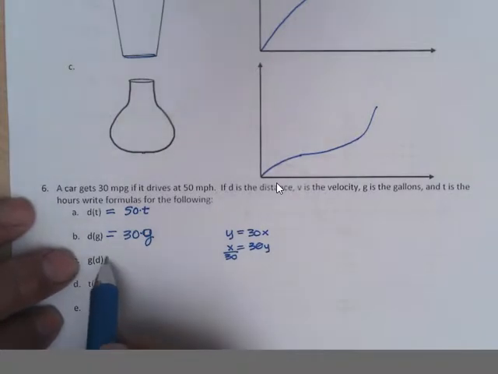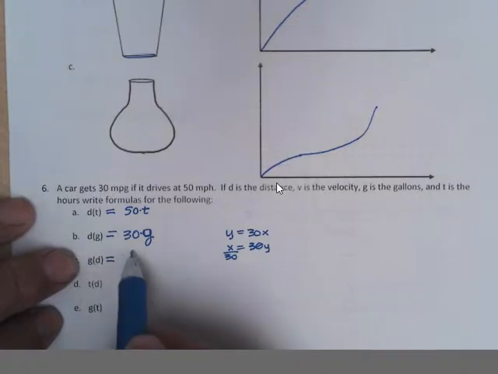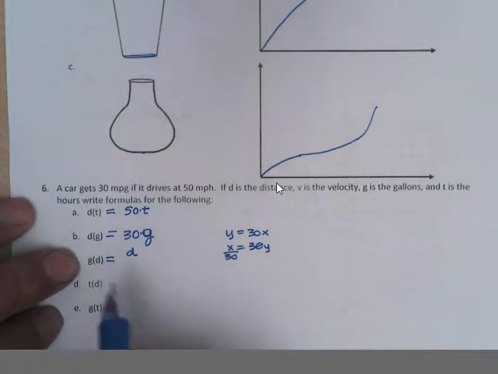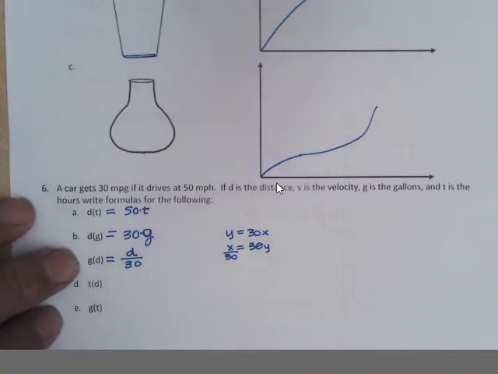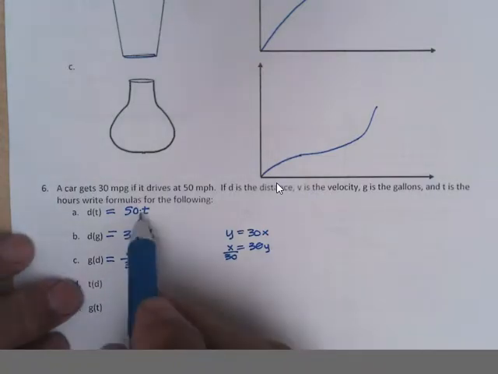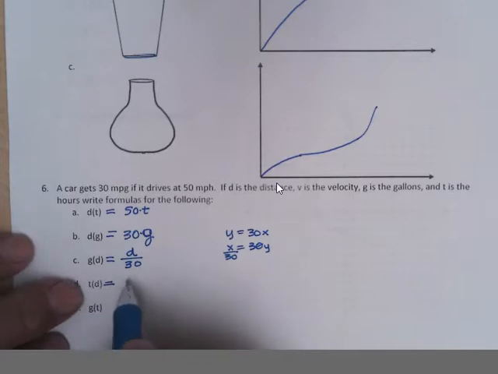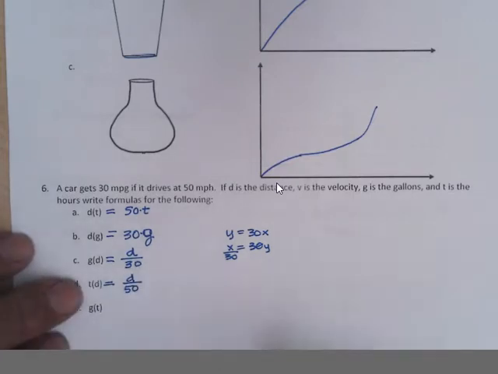So if I give you a distance, let's say 60 miles, x was the d, I would have to divide it by 30 to find out how many gallons. 60 miles, 30 miles per gallon, I'd take 60 divided by 30 to get 2 gallons to go the 60 miles. And I could do the similar one here. This would turn out to be the distance divided by 50.